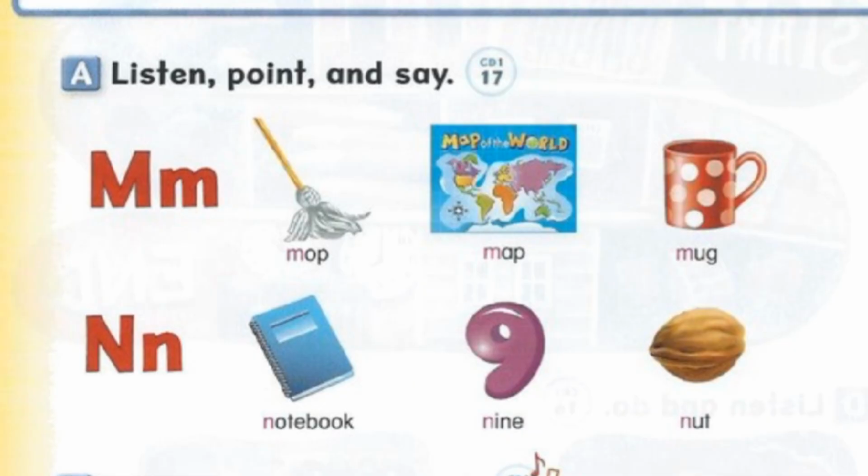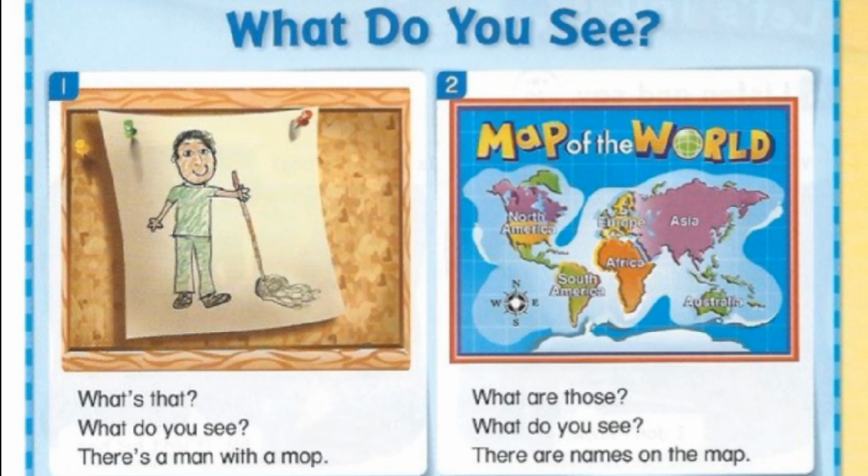Listen, point, and say: mop, map, mug, notebook, nine, nut. What's that? What do you see? There is a man with a mop. What are those?